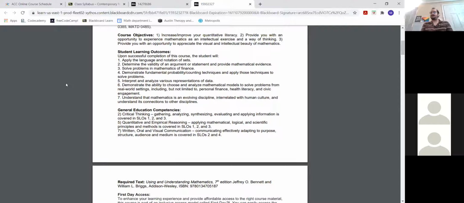This class, they advertise it as an alternative to college algebra 13-14. We do a lot of very diverse topics in this class, and it is a lot more application than 13-14, I would say. 13-14 is your standard: this is the algebra, this is the structure of things, right?